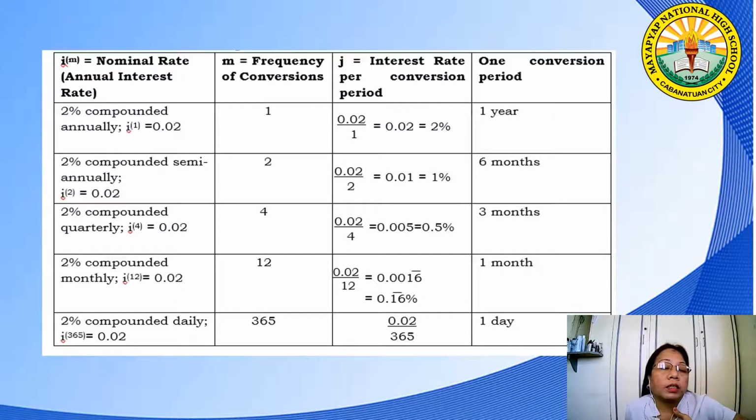Then for 2% compounded monthly, i^(12) is 0.02, 12 is the m, and j is 0.0016, and the conversion period is 1 month. And 2% compounded daily, i^(365) equals 0.02, m or frequency of conversion is 365, and j is 0.02 divided by 365, and the conversion period is 1 day.